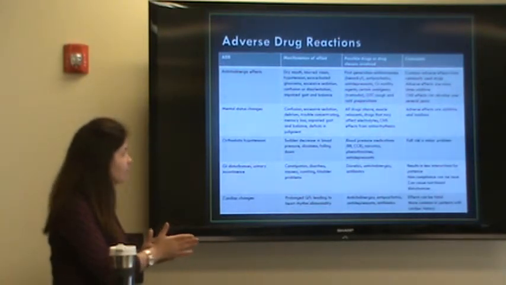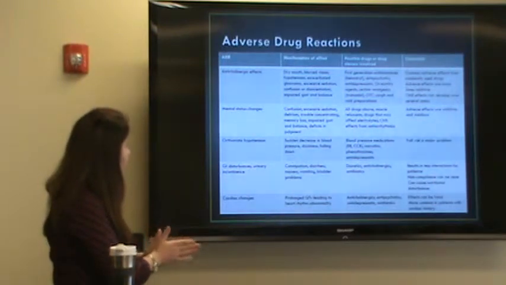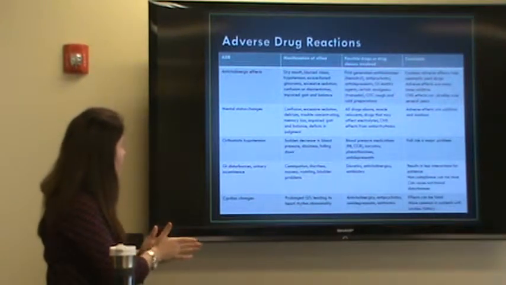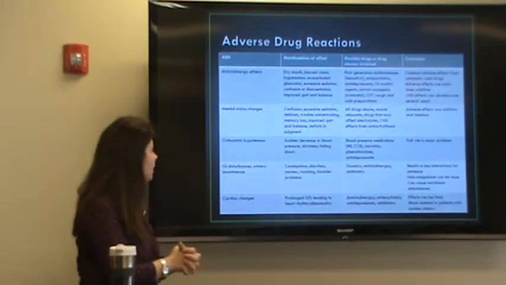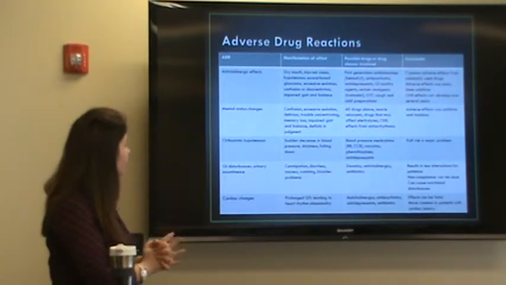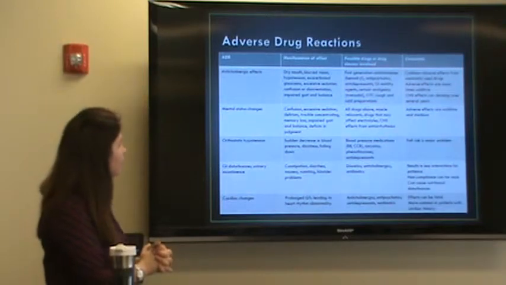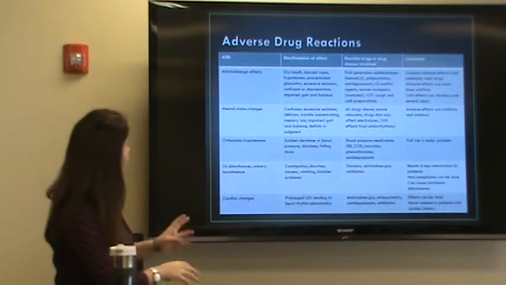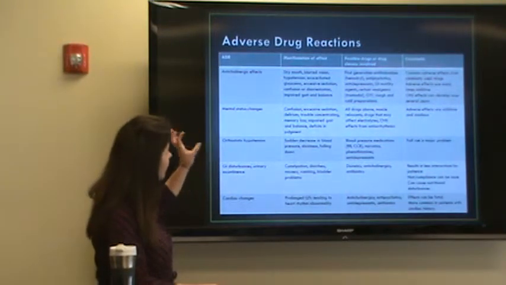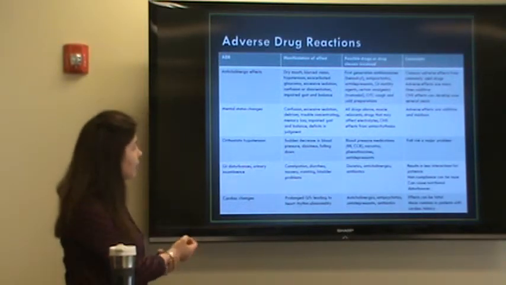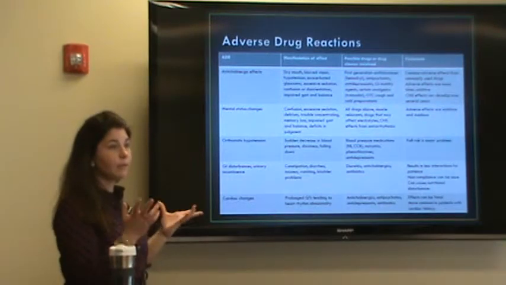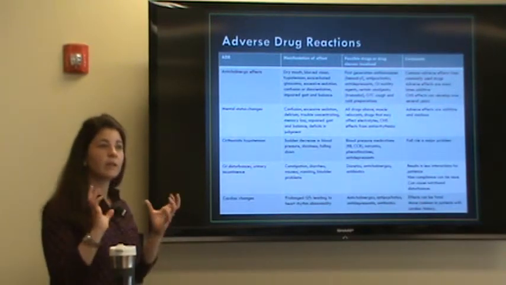Mental status changes is another side effect. Confusion, excessive sedation, delirium, trouble concentrating, memory loss, impaired gait and balance, and deficits in judgment. So basically any of these anticholinergic effects are also potentially causing mental status changes, as are muscle relaxants and drugs that affect electrolytes, like your diuretics.